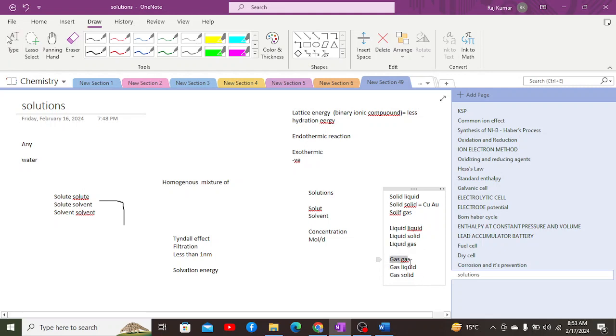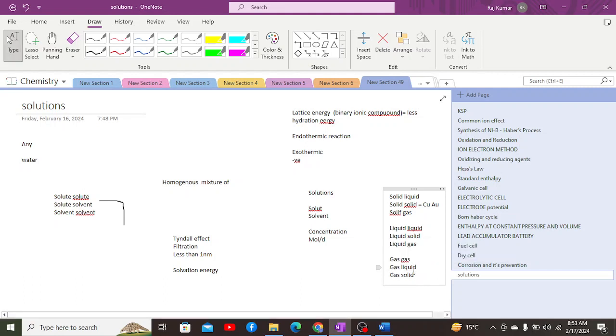Gas-gas solution: air is a mixture in which 79% nitrogen is present, which is the solvent, and the rest of the gases are solutes. And when it comes to the other part, gas-liquid, we have a good example in river water and sea water.